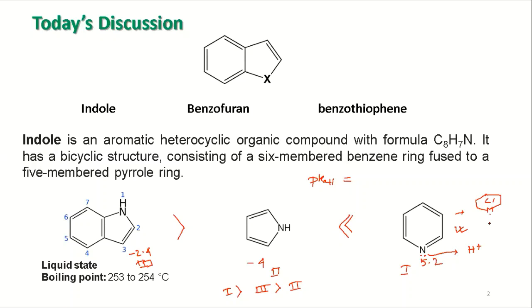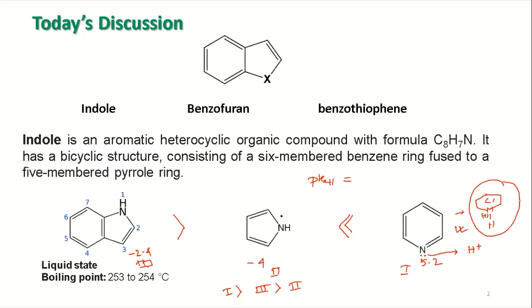You have NH plus. Now this compound's protonated form is still stable. It is aromatic in nature, though the lone pair is in an sp2 hybrid orbital, so it cannot be donated easily. That's why your basicity is less. But after forming the protonated form, it will still be quite stable.